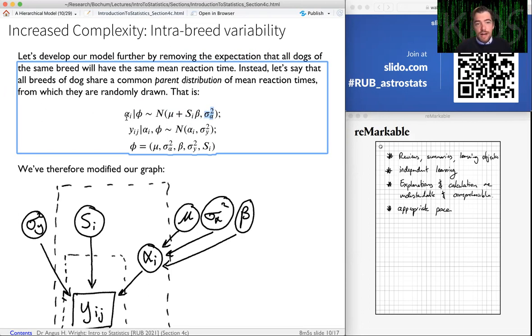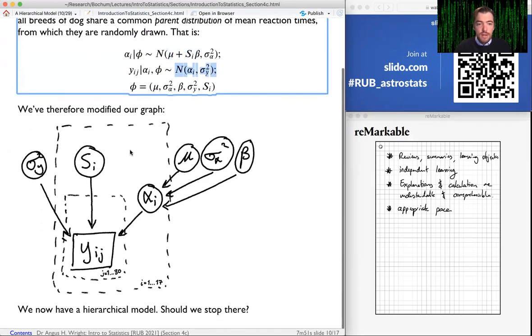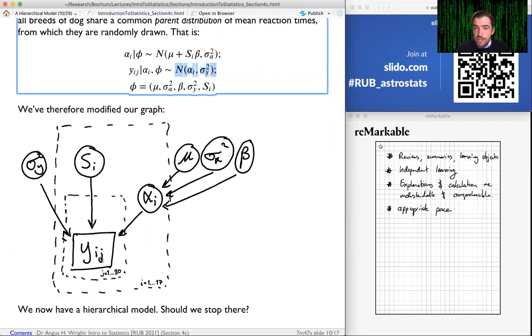With that value of alpha, we then draw the observed values of the reaction time from another Gaussian which hasn't changed, as it was in the previous slide. So now we have a slightly more complex model where instead of the mu governing the observations, the mu now governs the individual dog's reaction time, and that governs the observations.